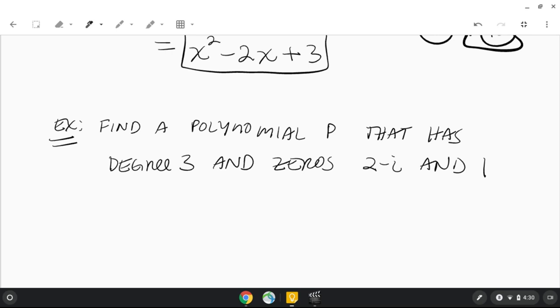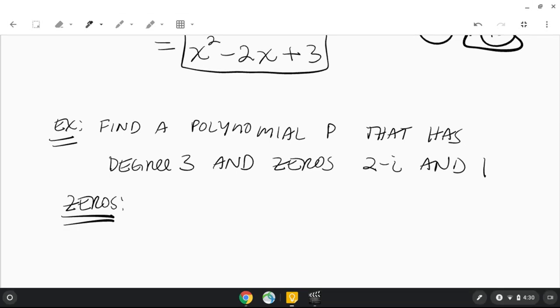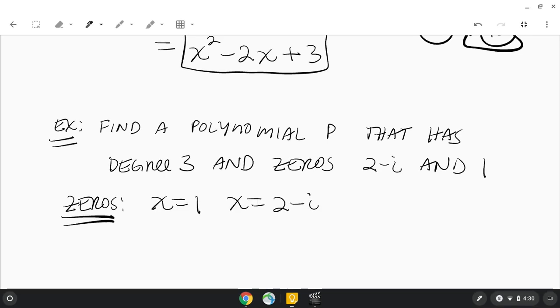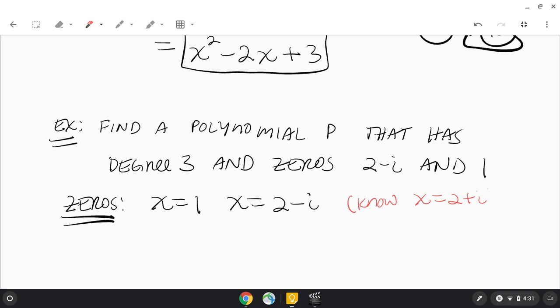What do we know? We know the zeros. So we know x equals 1, and we know x equals 2 minus i, but that's a complex zero, so we know that x equals 2 plus i is also a 0.